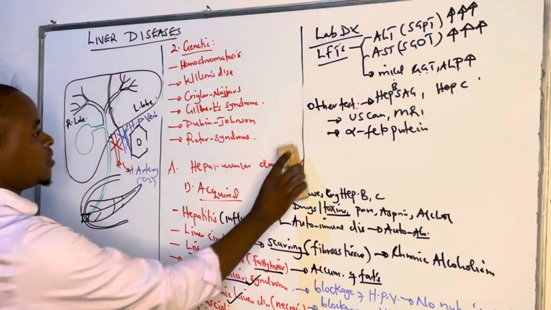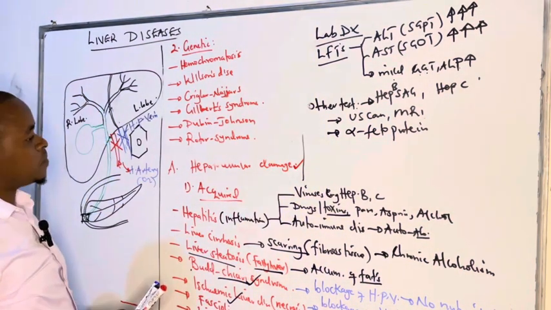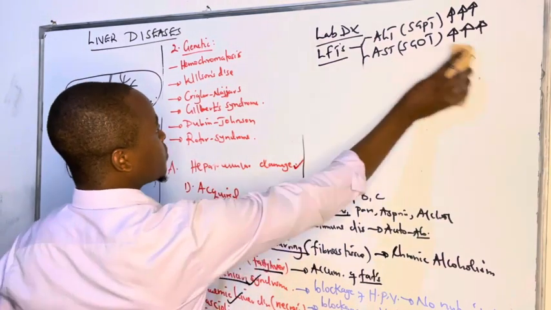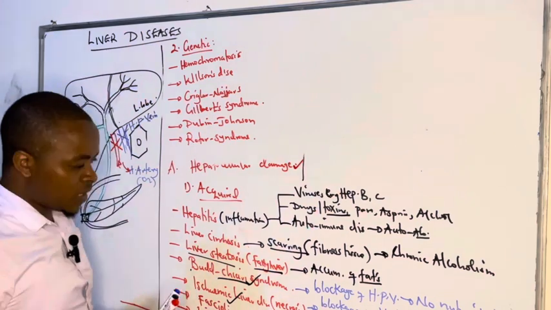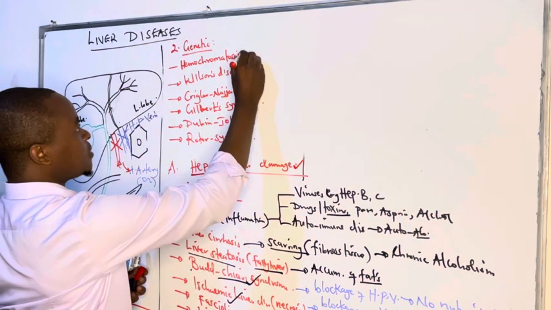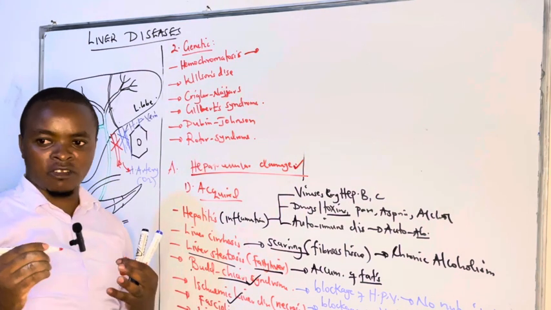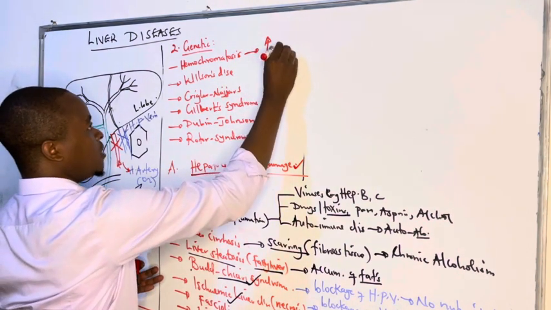disorders. Hemochromatosis, which is a genetic cause of hepatocellular damage, is due to accumulation of iron.